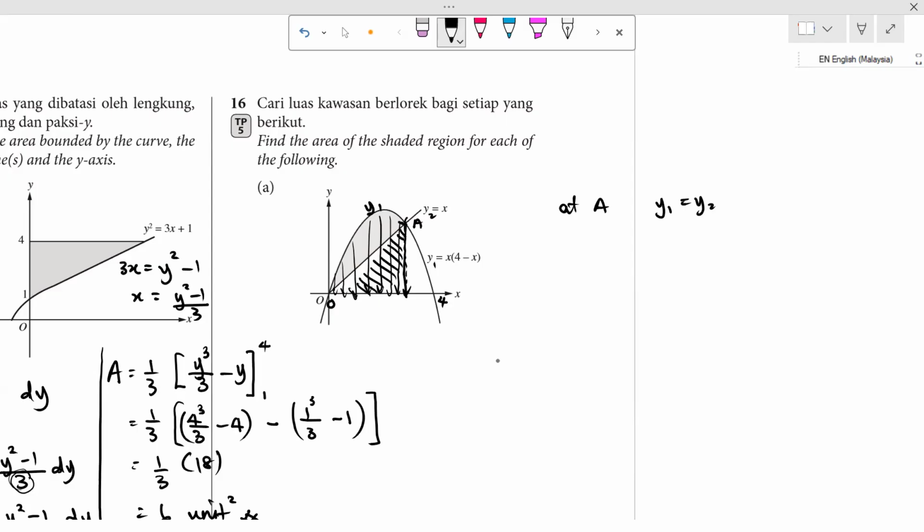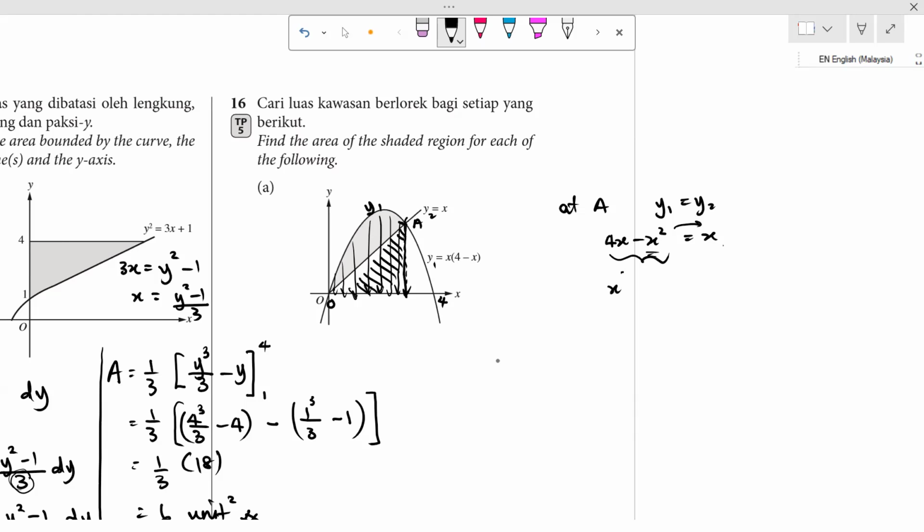So y1 equals y2. So y1 is 4x minus x squared, equals y2, which is x. So combine, but make sure your x squared is positive, having the positive coefficient. So I shall bring this over to the other side: positive x squared minus 4x plus x.